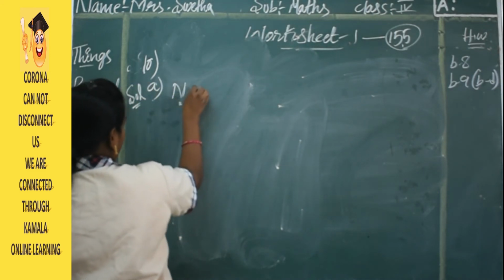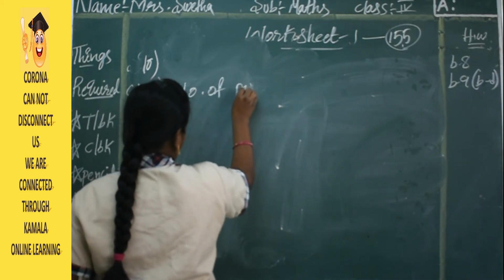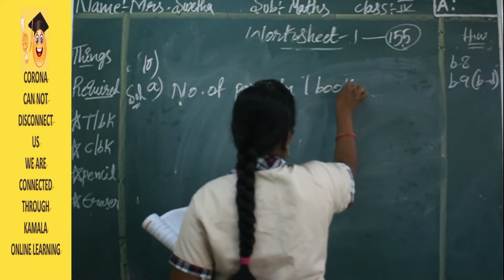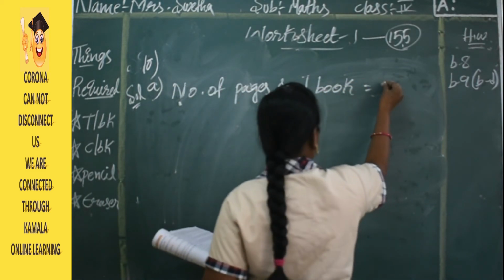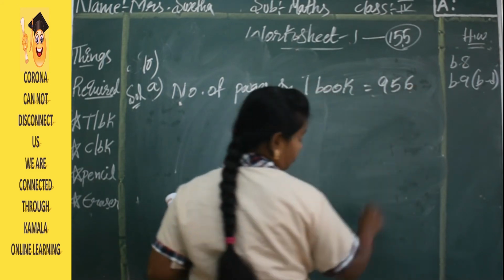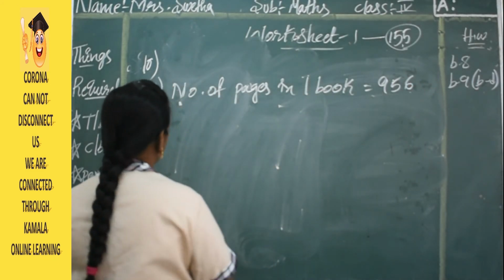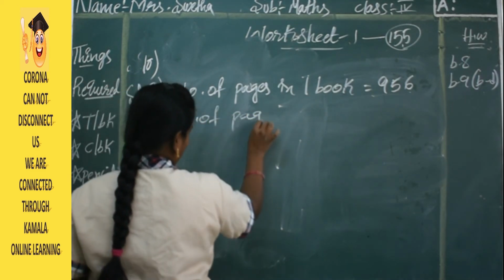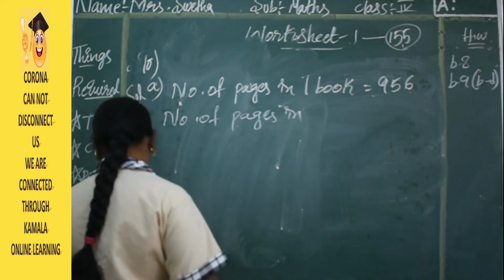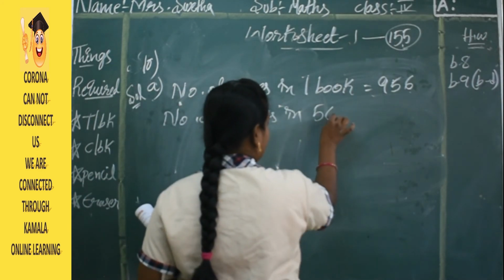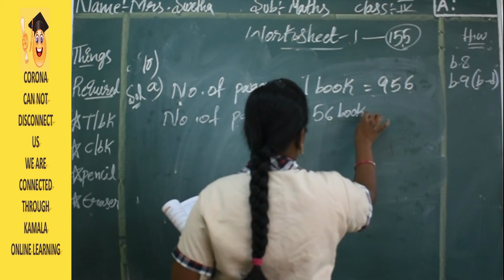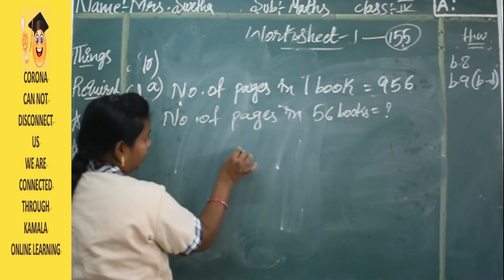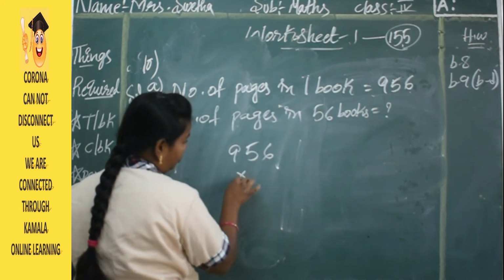So the number of pages in one book: how many pages are there? 956 pages. Okay. Number of pages in 56 books: in 56 books, how many pages are there? You have to find. So here 956 into 56.